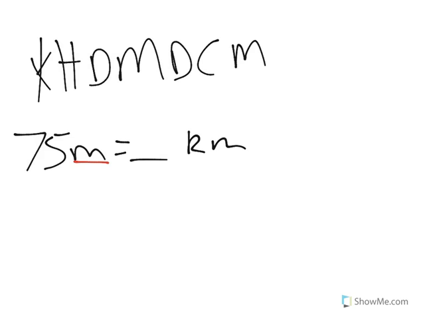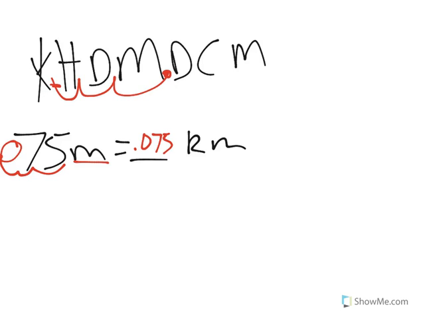Anytime the letter is by itself, it means you start at the metric unit, the middle M, and you're going to go to K, because that's where you want to end up. You start on the right side and you end on the right side. 1, 2, 3, and that's how far you move the decimal place and the direction you move the decimal place. So we start here, and we go 1, 2, 3. Where that little lump is that didn't have any number in it, you plug in a 0. So we get 0.075 kilometers. Alright? So that's one example.